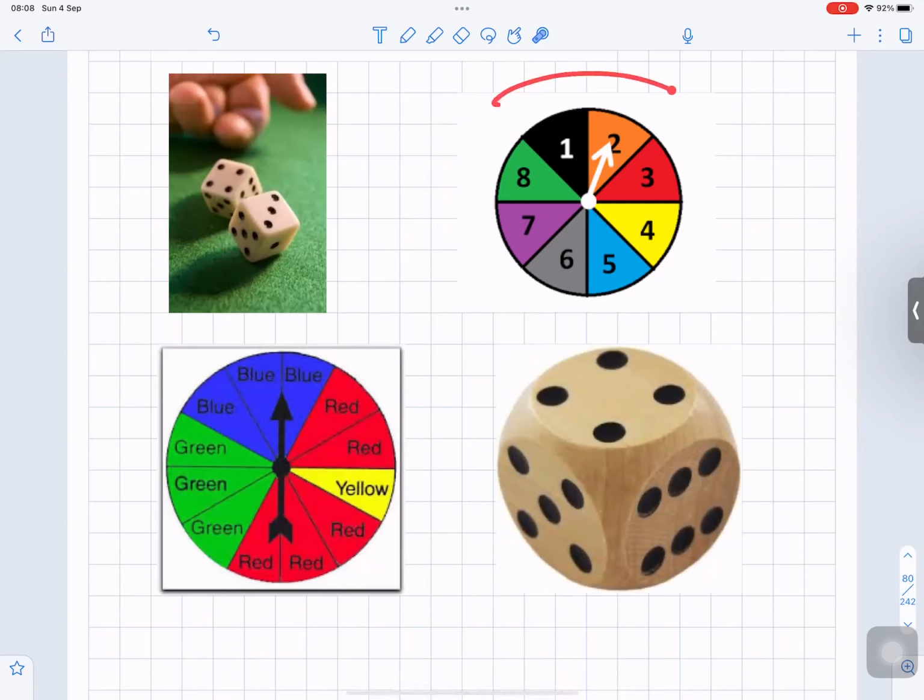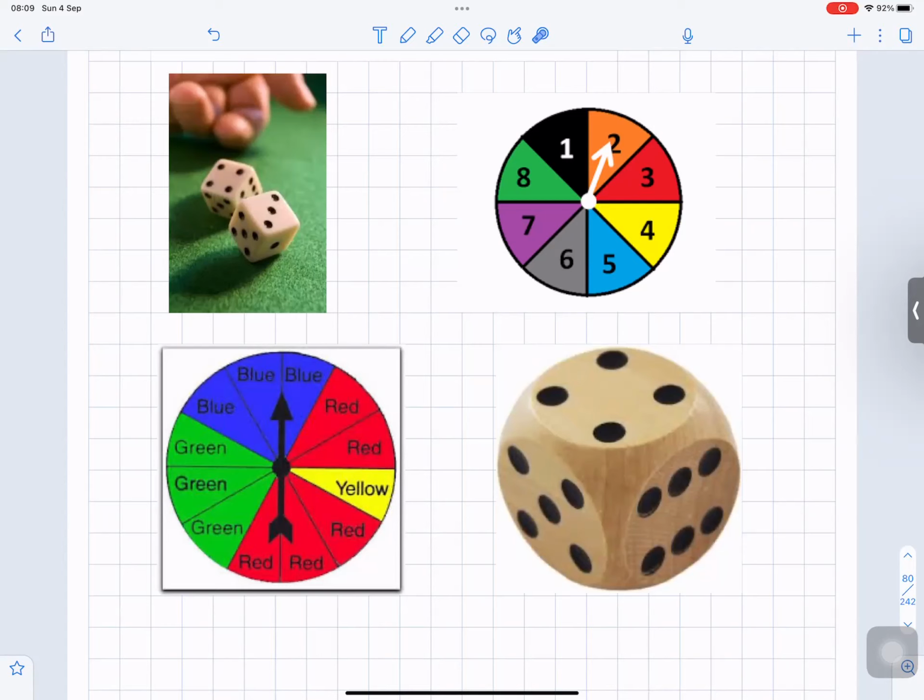Or for the spinner, you can spin it, you can get a 2, you can get a 3, you can get a 4. Or for this other spinner, you can get blue, you can get red, you can get yellow. And so that's a repeatable process, and it's an experiment. And you get an outcome.